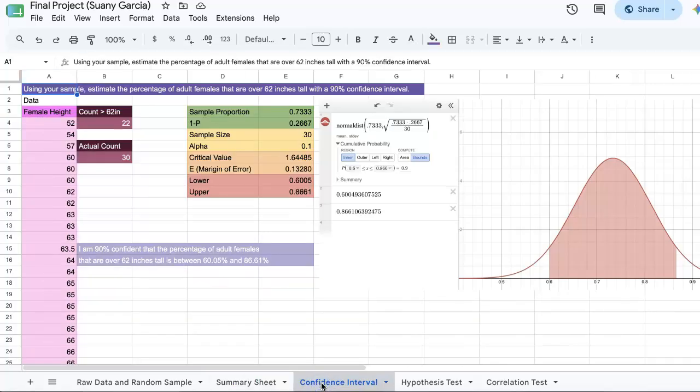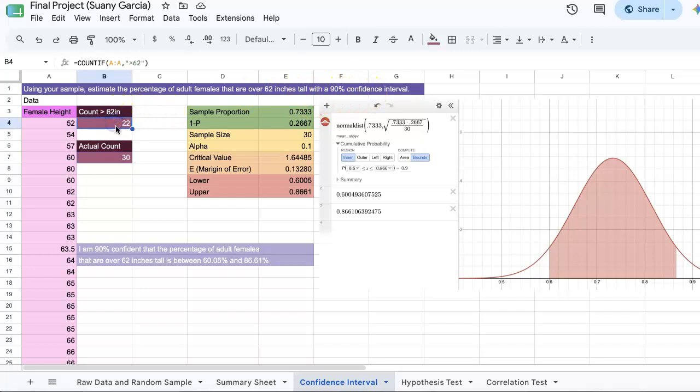Moving on to our confidence interval. So our confidence interval, you can see that there is a count of 30, so 30 value points. And then we are trying to figure out the percentage of adult females that are over 62 inches tall with a 90% confidence level.